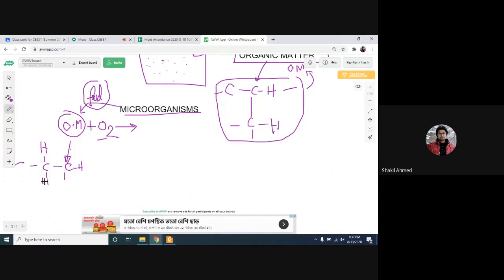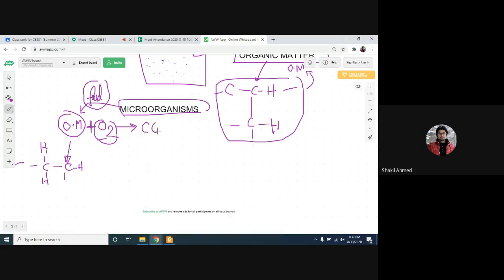So these microorganisms take them as a food and oxidize them in the presence of oxygen, and break these chemical bonds and transform it to a more simple form like carbon dioxide. So only carbon and oxygen.